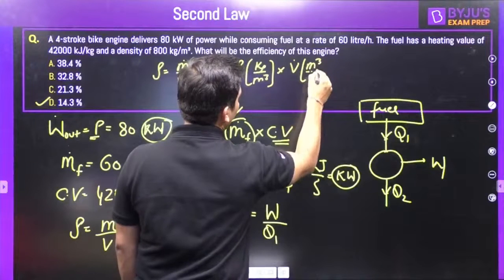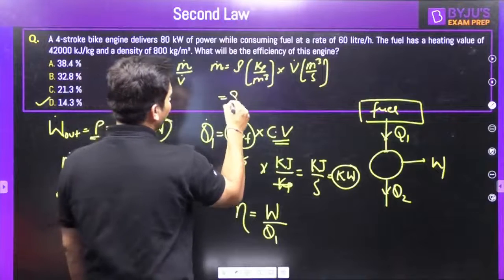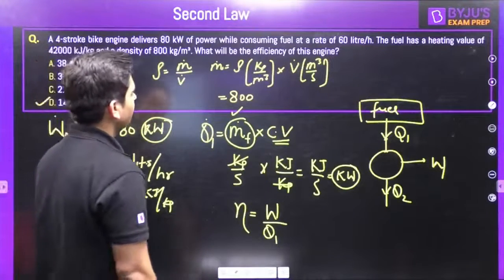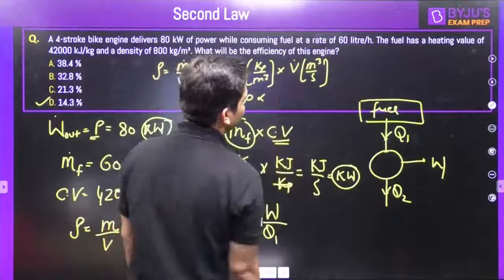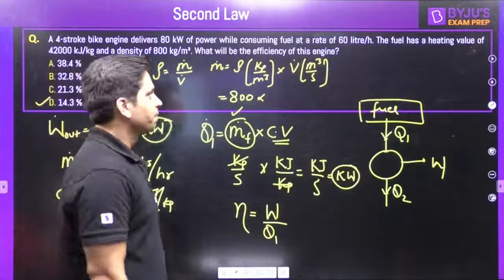Now density is known to me, 800 kg per meter cube. What is the volume flow rate? 60 liters per second.